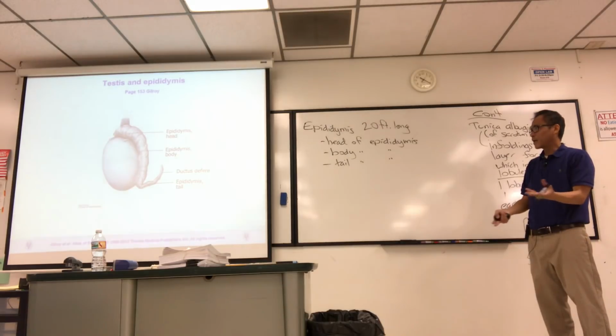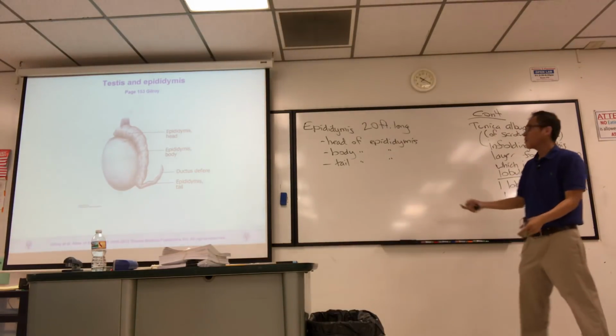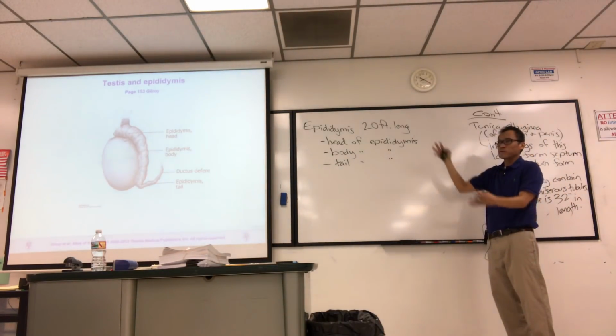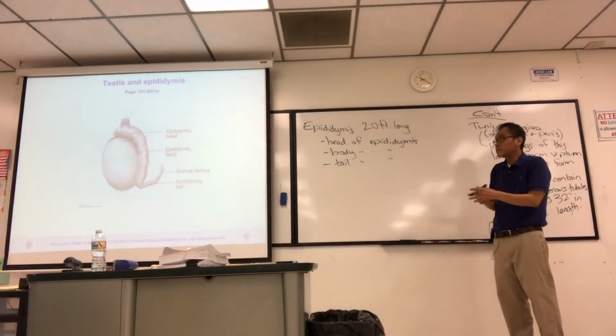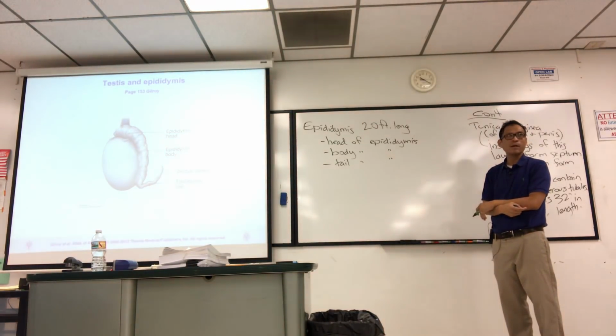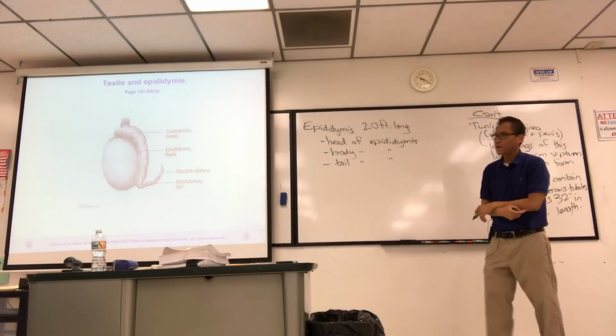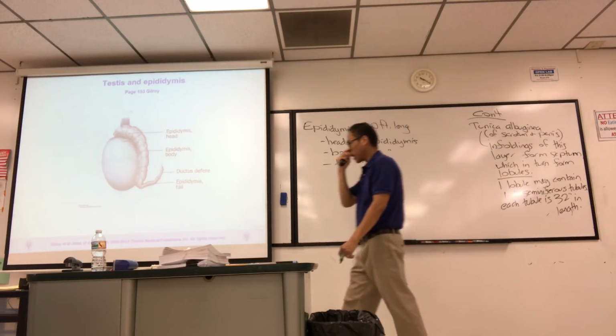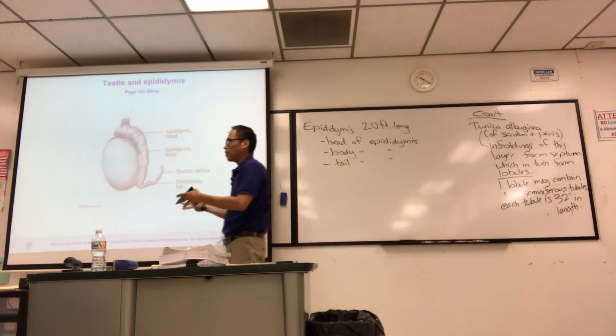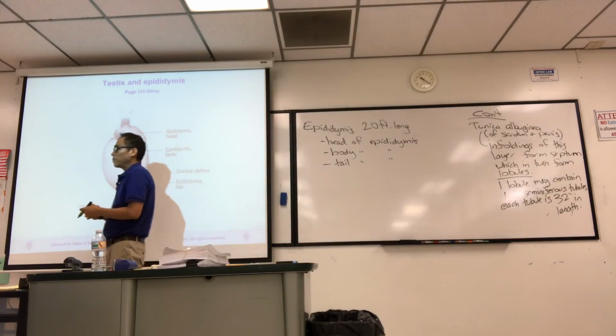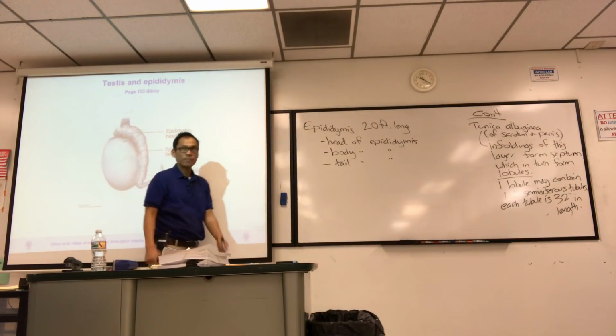I remember in high school, I could broad jump 20 feet. But anyways, the point is, there's a lot of space. Think of it as a storage area. Store sperm here. And also, sperm can mature here. This is where sperm develop their ability to swim, to whip their tail.